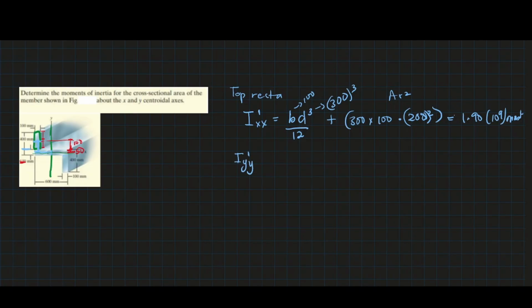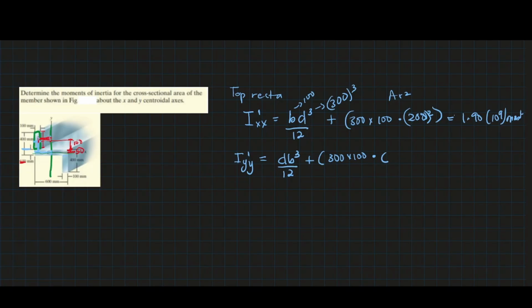And this also has a y-axis inertia. You can see from this point to this point there is a radius. So to solve for it, the rectangle has its own inertia, this time db cube over 12. Yes, this is a proven formula. Plus the area of that shape, which is again 300 times 100, times the radius from this point to this point.